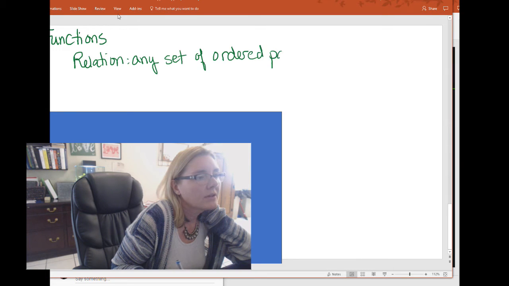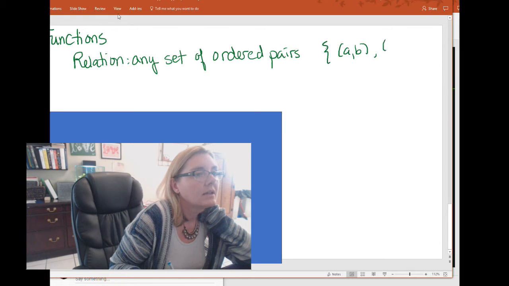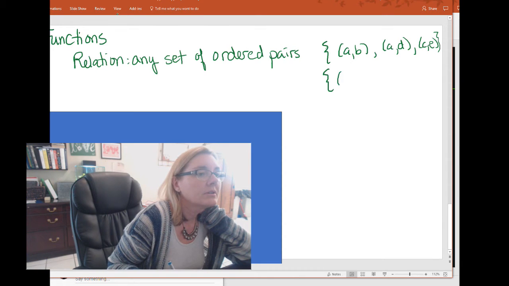And the ordered pairs could be pairs of letters, like we could have the set AB and AD and CE. That would be a relation. It could be a set of numbers like 1, 2, 2, -3, -3, 1.